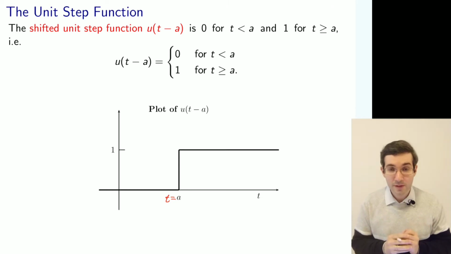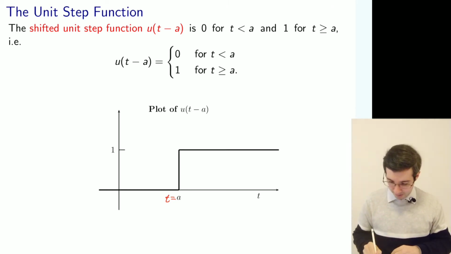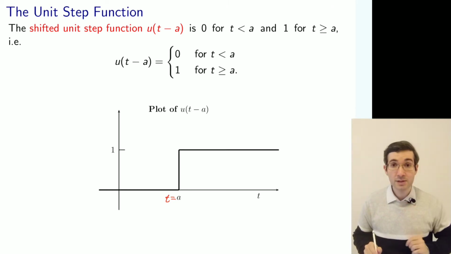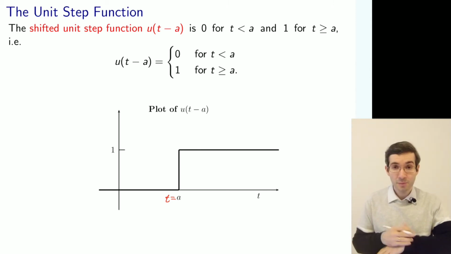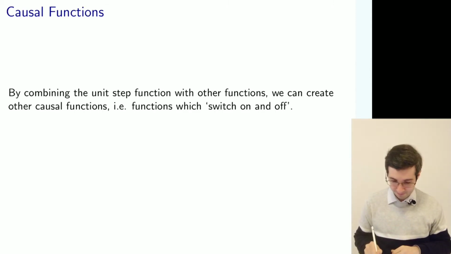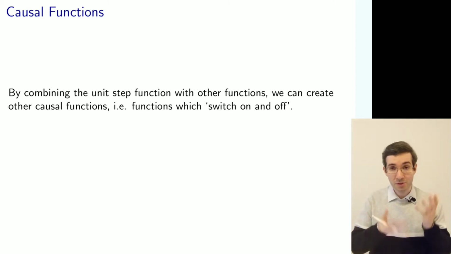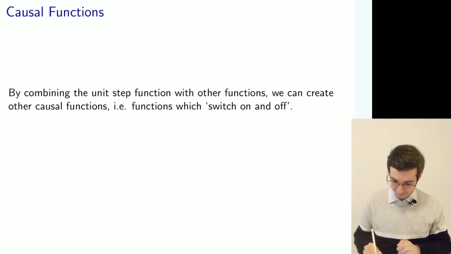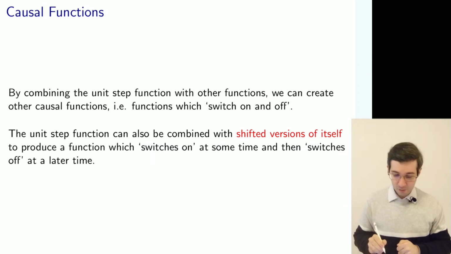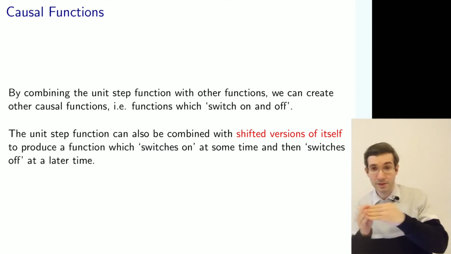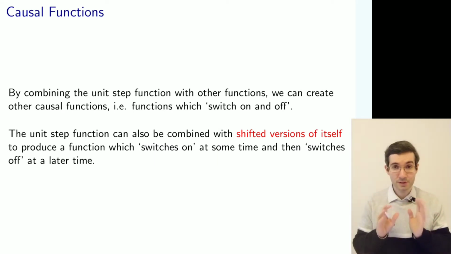This is probably more or less straightforward so far, but we can use the step function to introduce much more interesting functions. And then we can make this function switch on and off. Or we can even make a shifted version of the function and then switch it on and off. So let's look one by one at these examples.